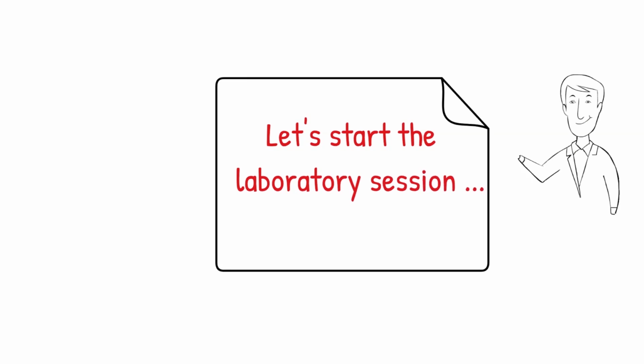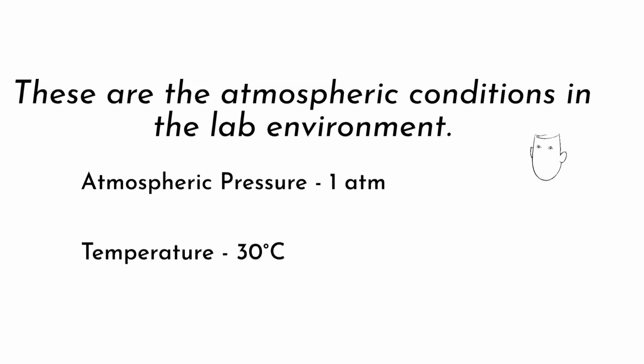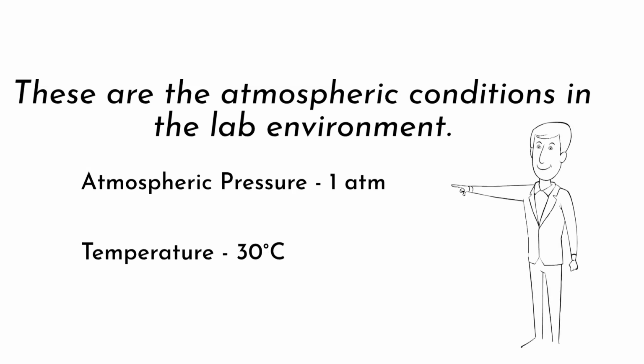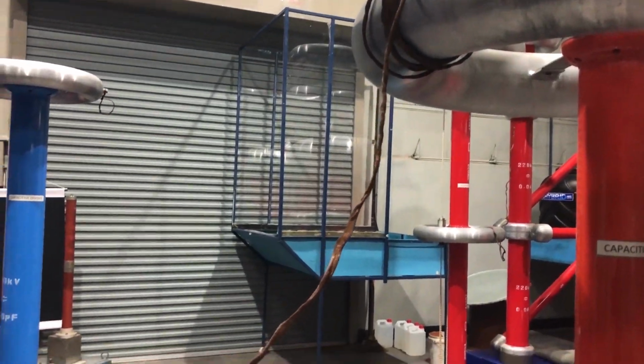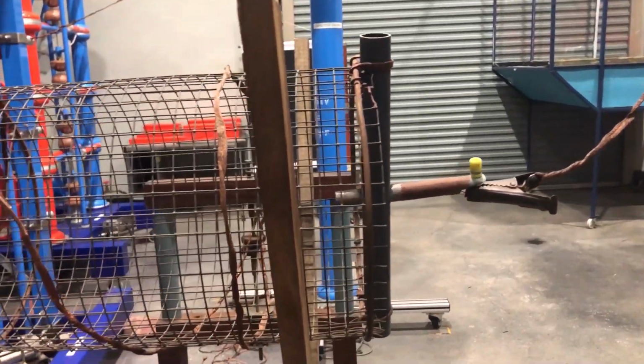Without further delay, let's start the practical. Make sure to note down the atmospheric conditions of the lab environment. First, you must connect the cylindrical-shaped wire mesh to the earth as demonstrated here.